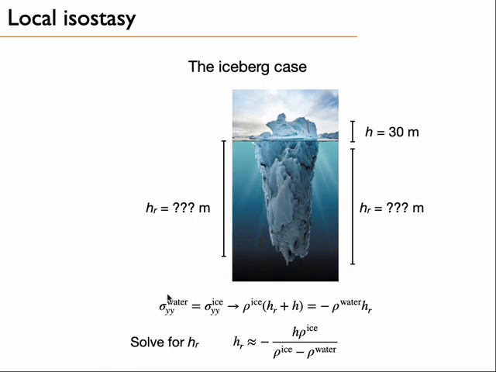Now we equate the two loads and we get the expression rho ice times (H plus HR) equals rho water times HR. And then you can solve for HR and you get an expression that relates H, which is known, rho ice, and rho water, which are both known, so we can evaluate HR.